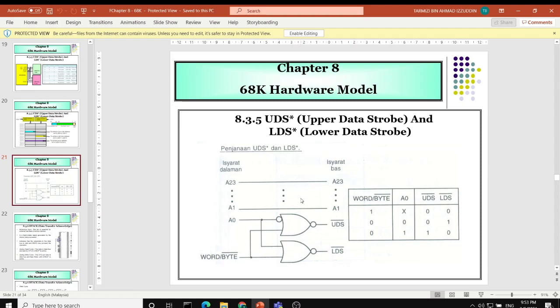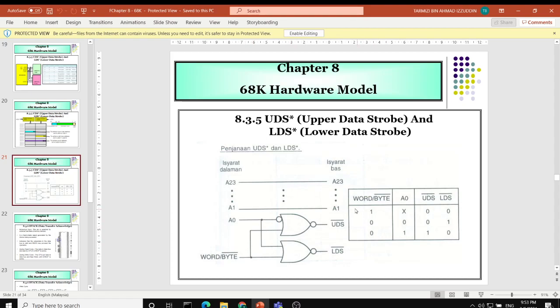So we have two NOR gates here. This is the A0 address, and this is the word and byte pin, the signal to tell whether it is a word or byte.